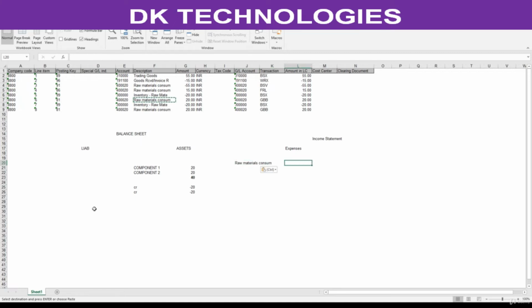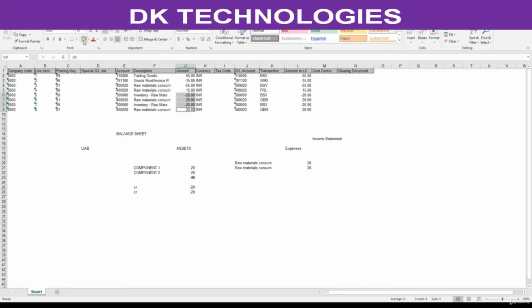What is the entry here? 20, 20 for component 1 and component 2. Hope you understand. First entry is a raw material consumption account debit to inventory. This I am going to highlight here. This 20, this 20, this 20, this 20. This is representing this transaction.